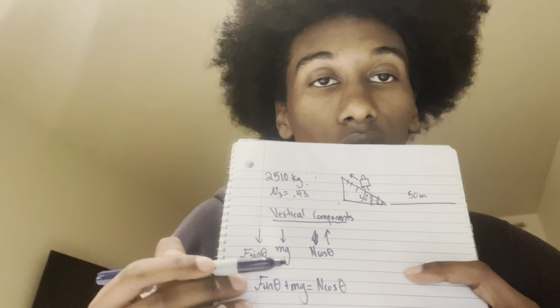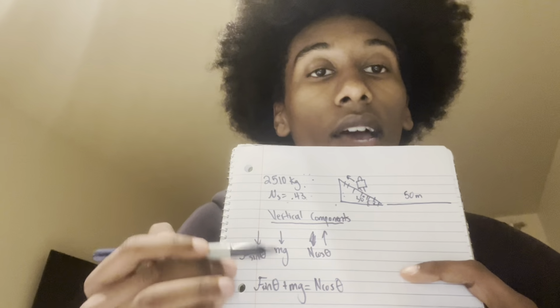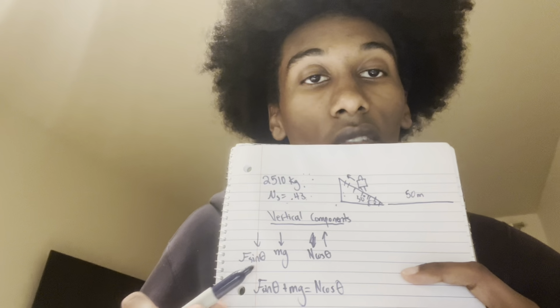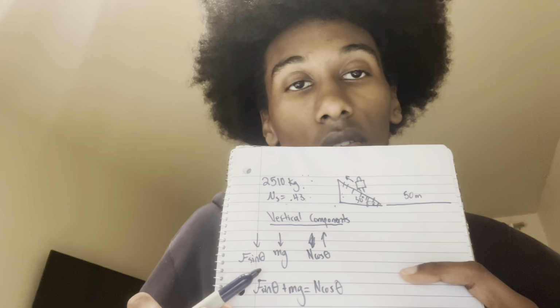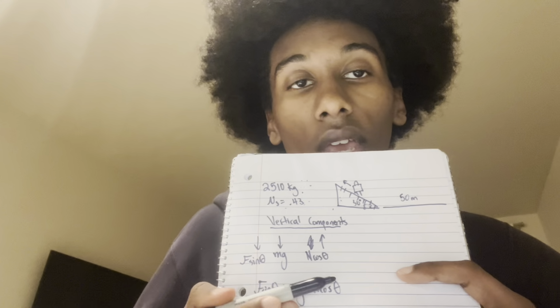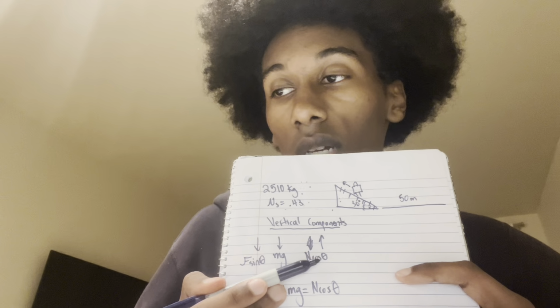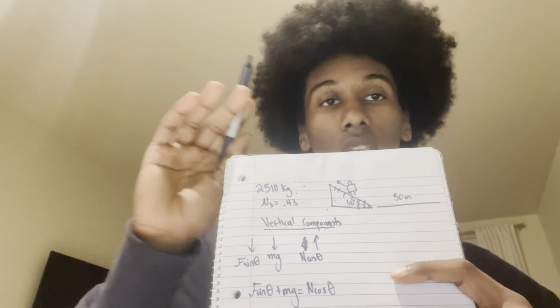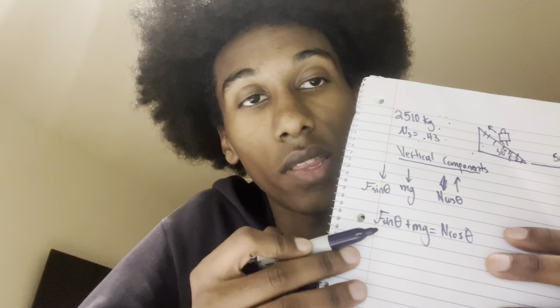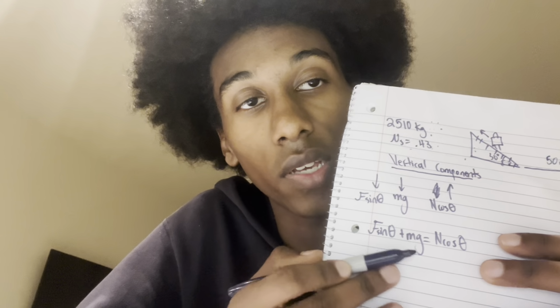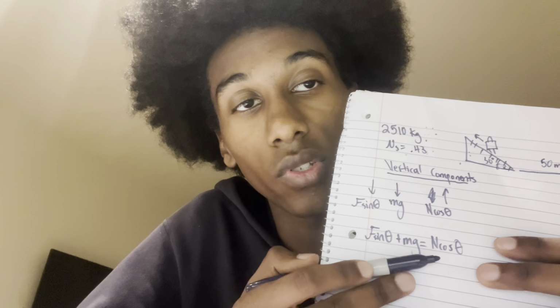So we have our two forces acting downwards on the car, mass times gravity and the force of friction times sine theta, and we have our normal force times cosine theta acting upwards. If we set those equal to each other, the frictional force times sine theta plus mass times gravity equals the normal force times cosine theta, we can then solve for normal force.